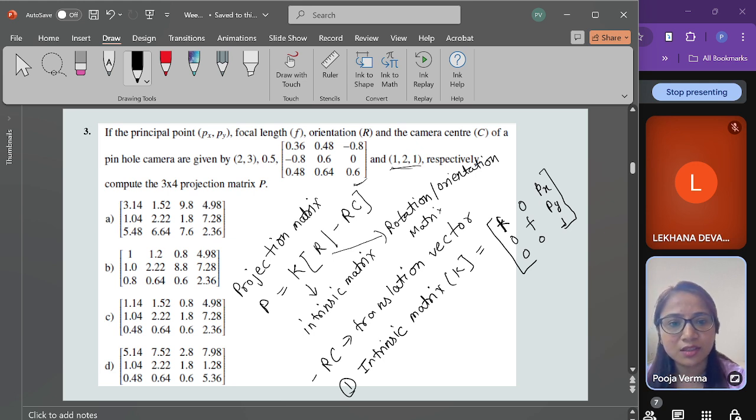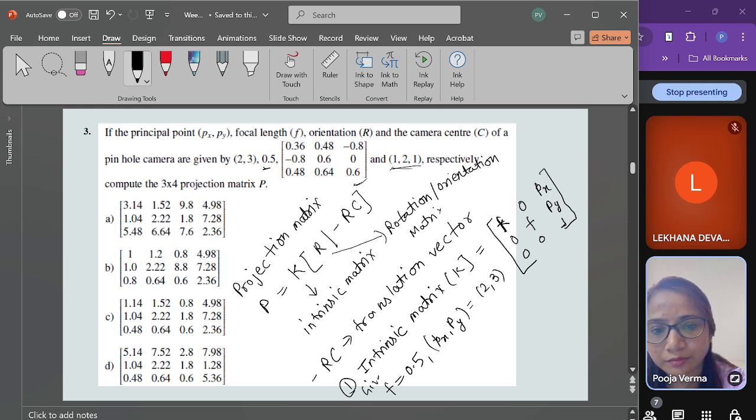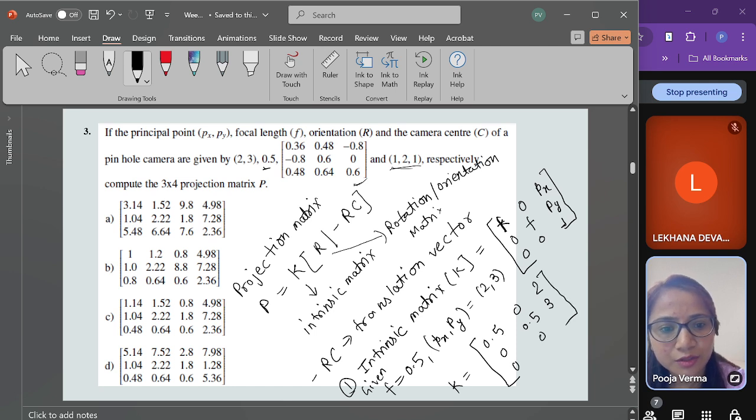We know the focal length f is given, 0.5, and the principal points Px and Py are 2 comma 3. So just put them in: f is 0.5, 0, 2; 0, 0.5, 3; and 0, 0, 1. So here you have got the intrinsic matrix.